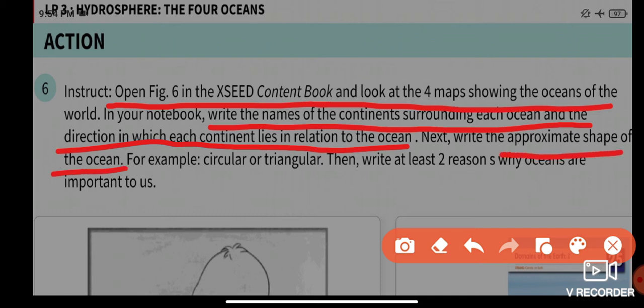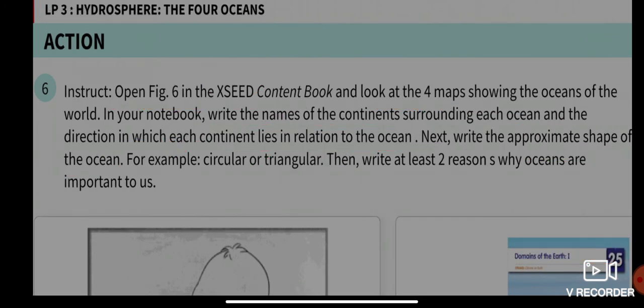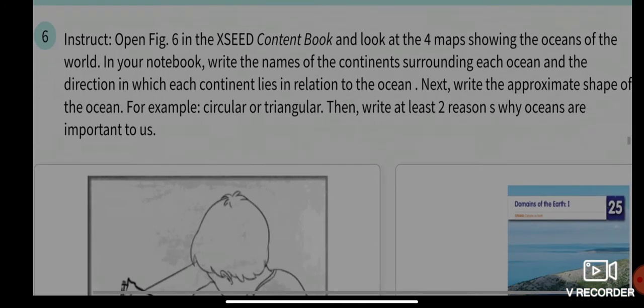If it's Pacific, what's the shape of the Pacific Ocean? And if it's Atlantic or Indian, what is the approximate shape? An example has been given, like circular or triangular. You have to find this by observing the picture, and write at least two reasons why oceans are important to us.